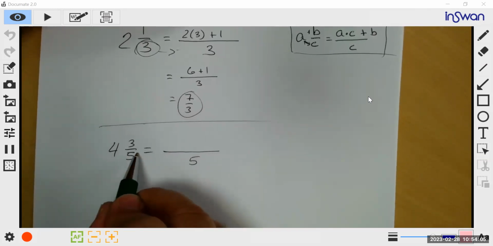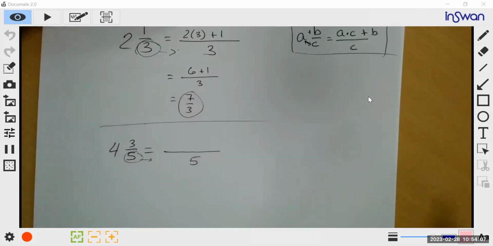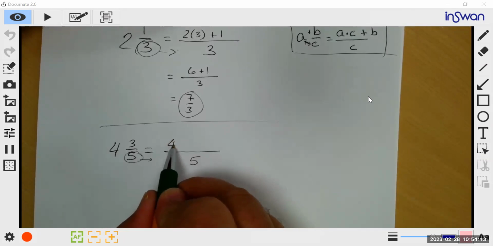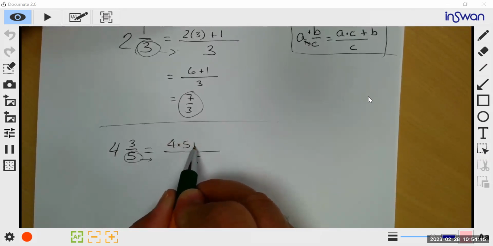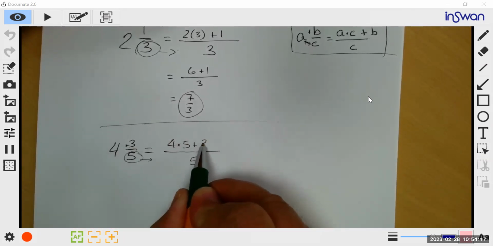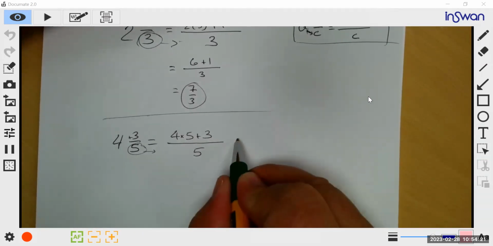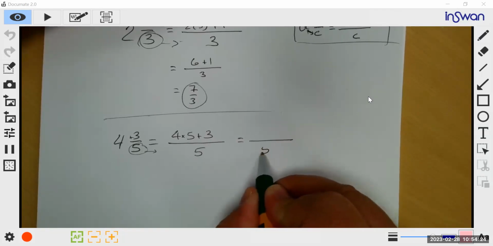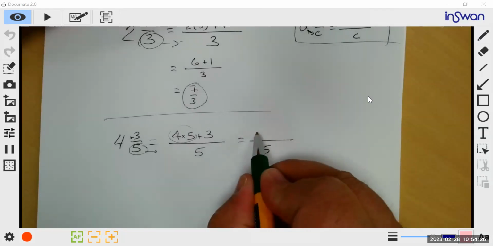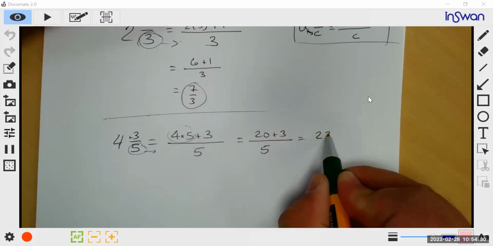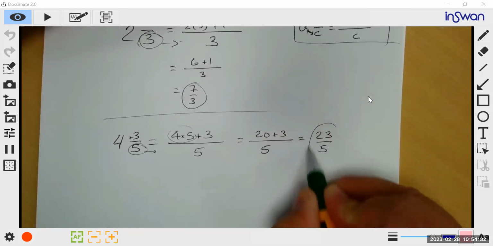The 5 goes on the bottom, that one has to stay on the bottom. So it's 4 times 5 plus 3. Four times 5 is 20, plus 3, 23 over 5.